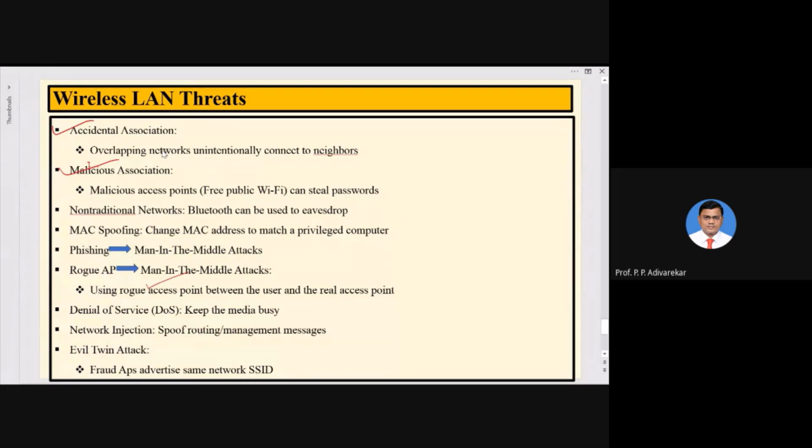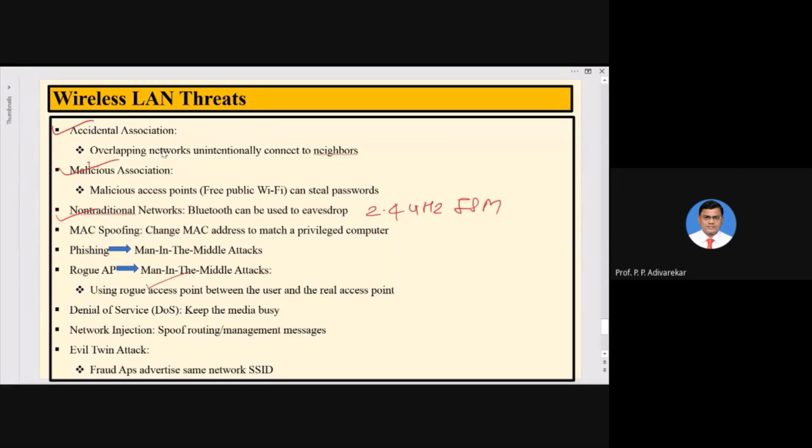Then the third one is eavesdropping. Non-traditional networks like Bluetooth can be used to eavesdrop on Wi-Fi communication. How is that possible? If you remember, WLAN uses the 2.4 gigahertz ISM band, and the 2.4 gigahertz ISM band is also given for the operation of Bluetooth.